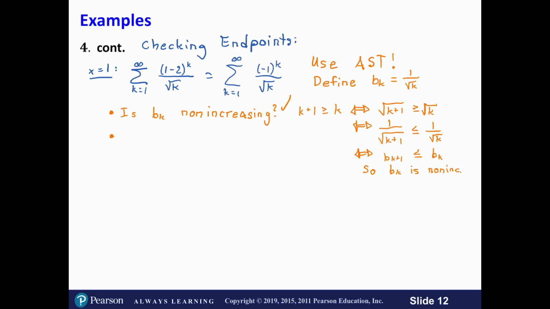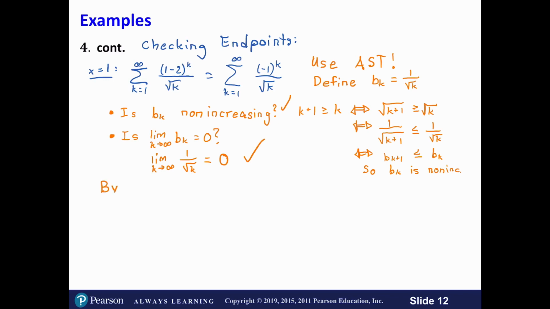All right, the other thing we have to show is that the limit is equal to 0. And indeed it is, because the limit as k approaches infinity of 1 over square root k is just 0. And so, at x equals 1, the series converges.